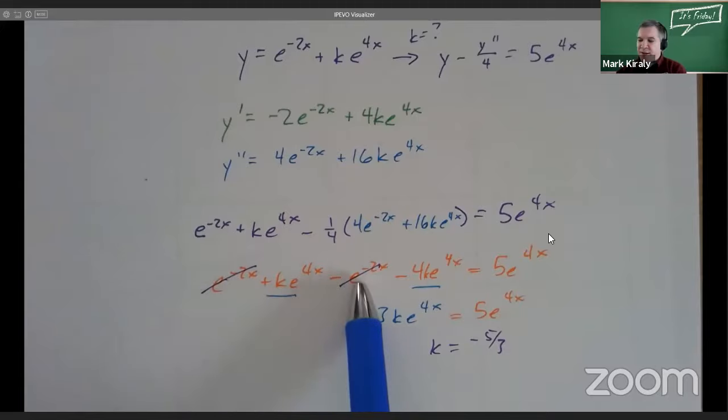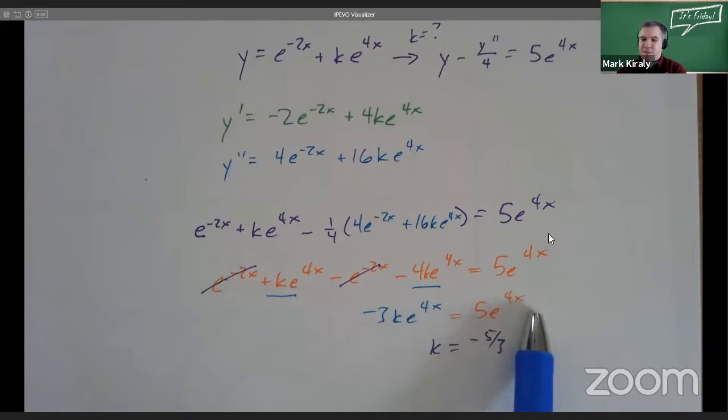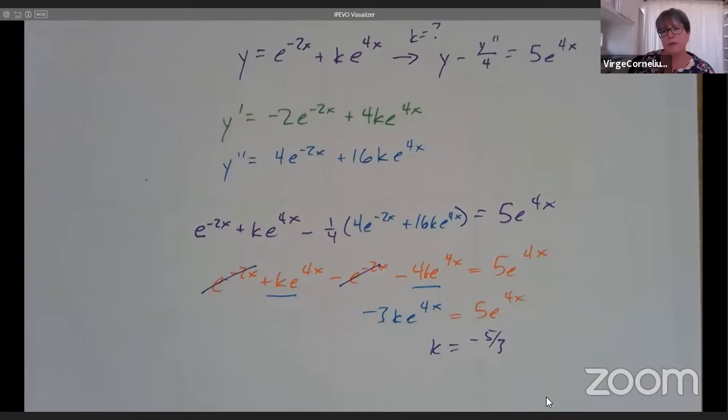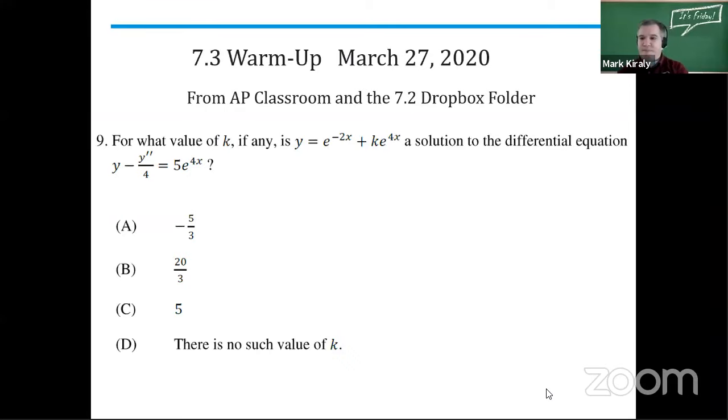We got these e to the -2x's that cancel out, so they sum to 0. And then I've got this -3k e to the 4x equals 5e to the 4x as my final equation before I solve for k, which is -5/3. Excellent. So that was answer choice A, I believe. Yes, it was. Okay.